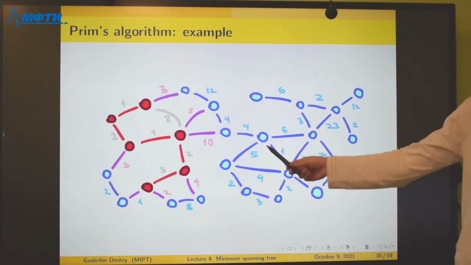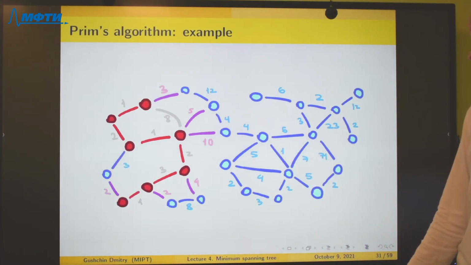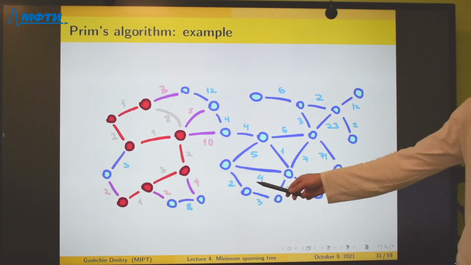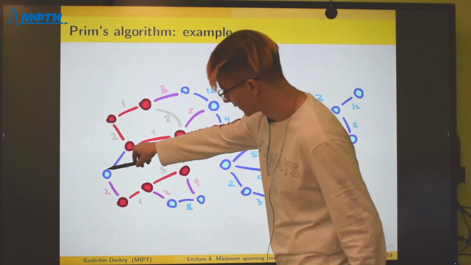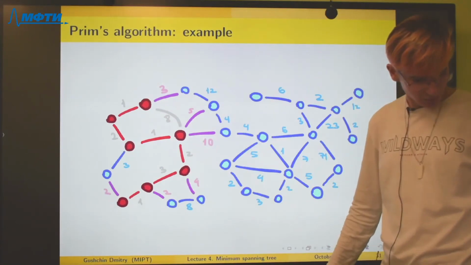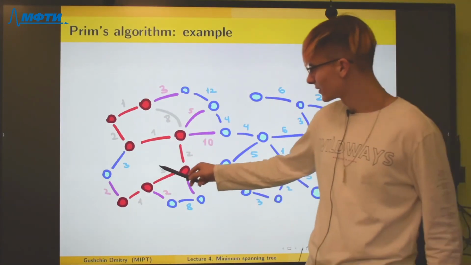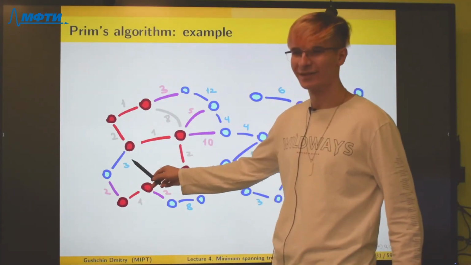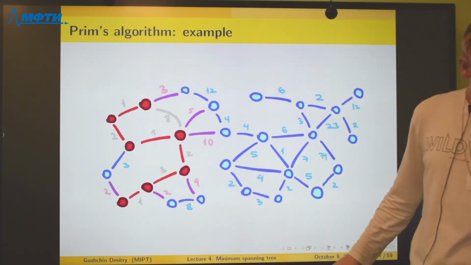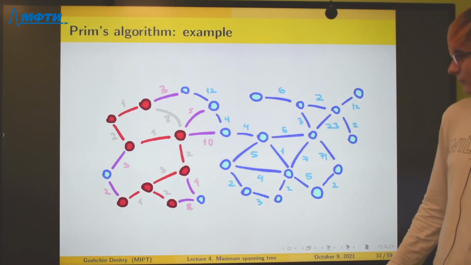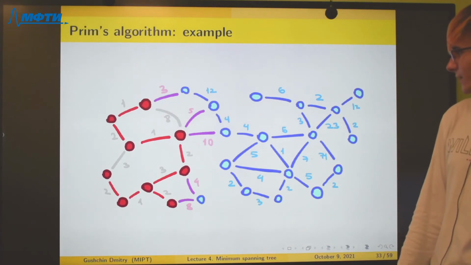So I choose this one. And we can add this or this. And of course, I need to color this. I forgot it. Then add this.